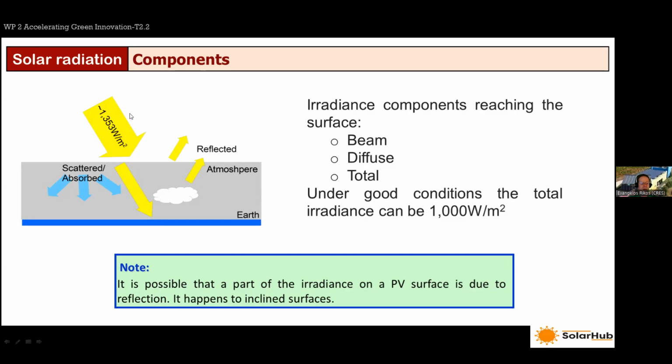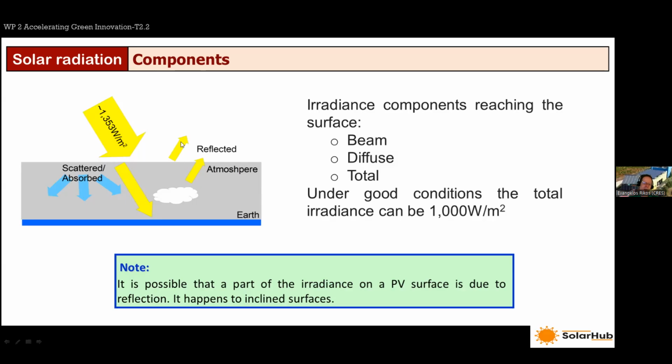Well, in any case, there is a solar constant that is globally accepted, that this amount of power reaches the Earth per square meter, and this radiation is then divided into three parts. One part makes it to the surface directly, as direct sun beams.